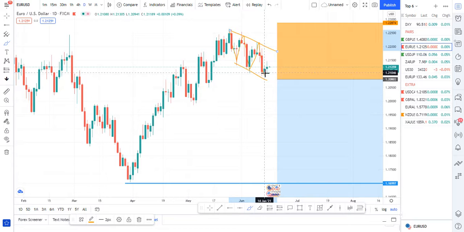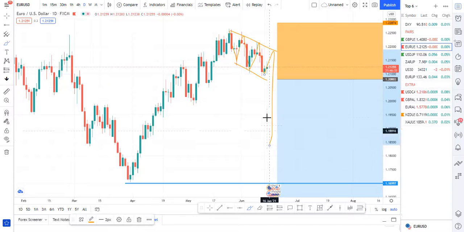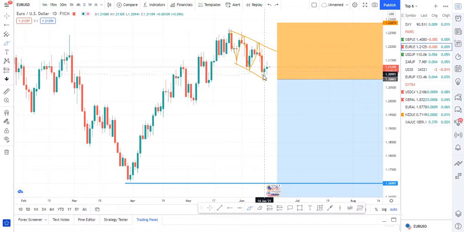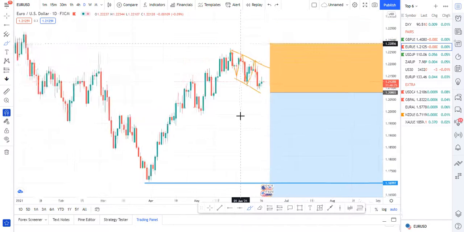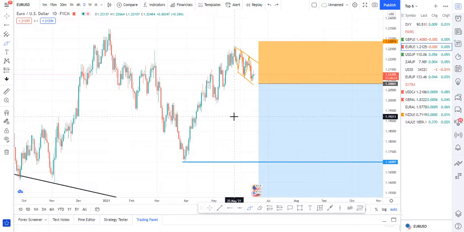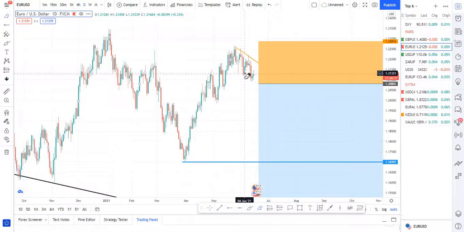This could be a correction to try hitting this here and then coming to the downside, or it might not do that. It might just turn around somewhere here and go to the downside. So now, because we already put this here, we have an idea of where we would like to enter the trade, right? Let me just take this away.